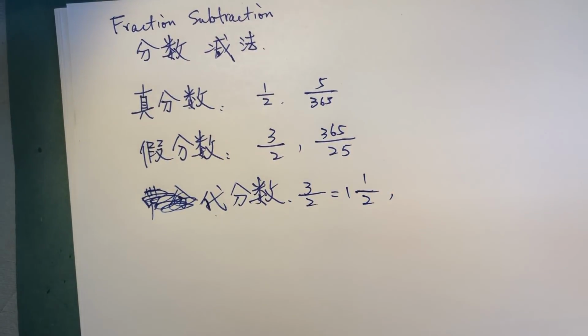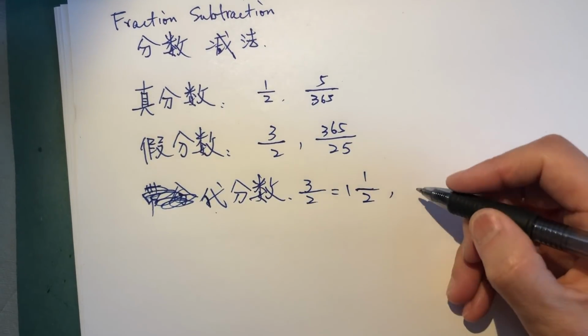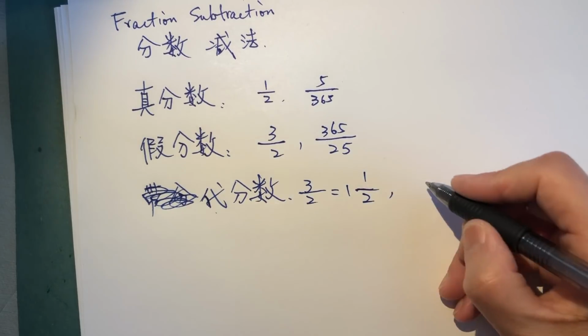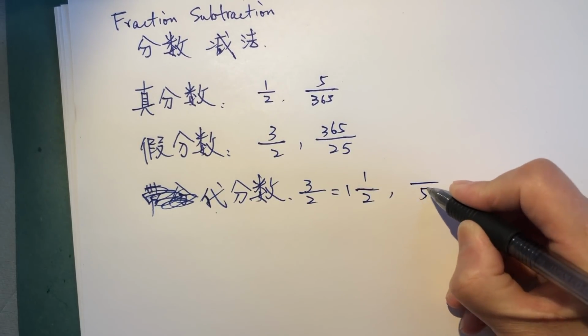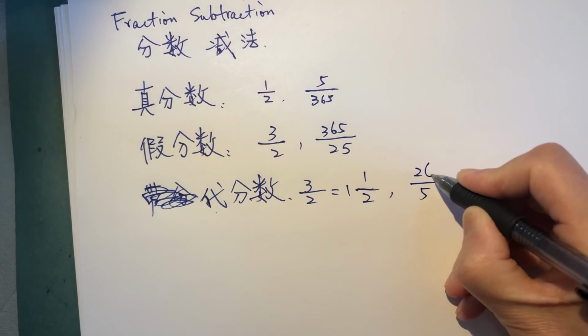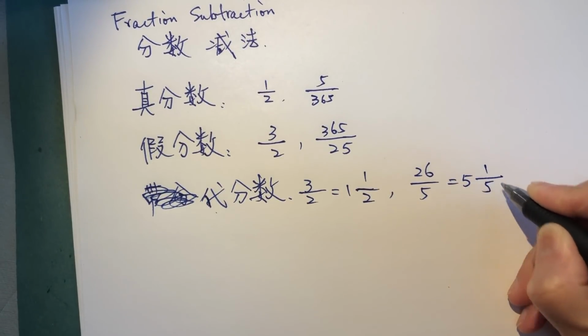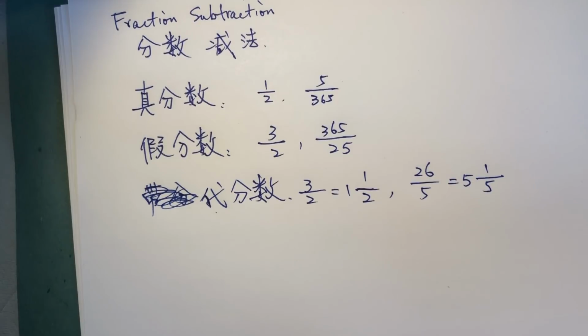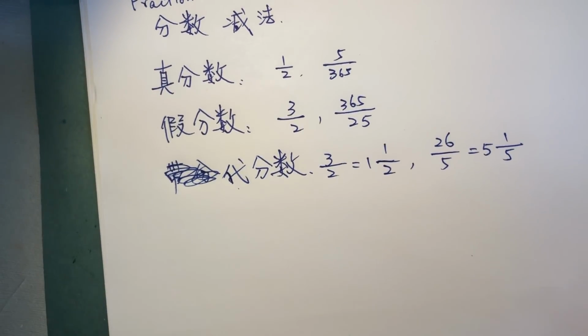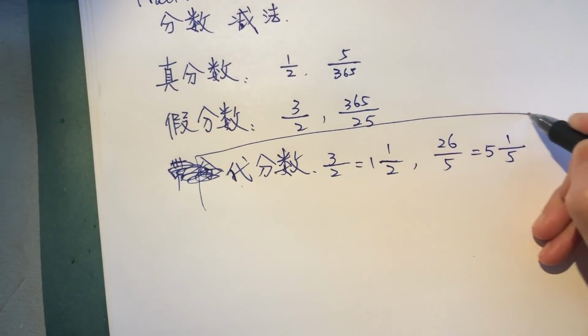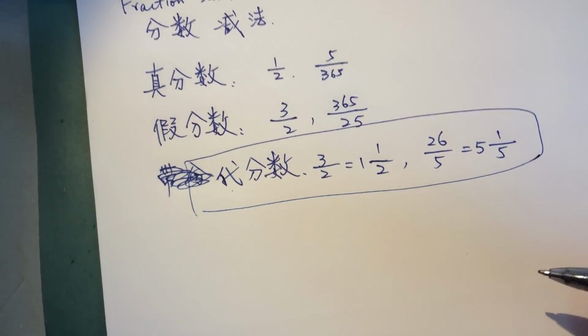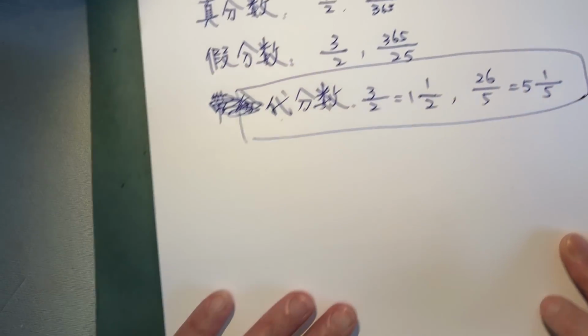We can do it, but we will not spend too much time on it. Okay, 26 over 5 is 5 and 1 over 5. This is 带分数. Okay, so today we are going to learn about 带分数 subtraction.